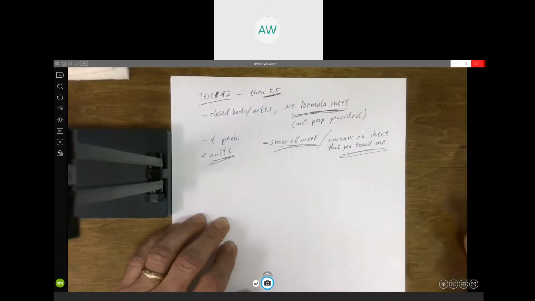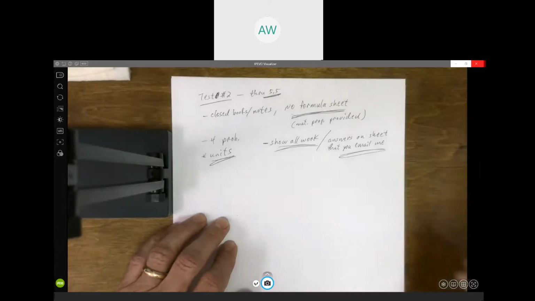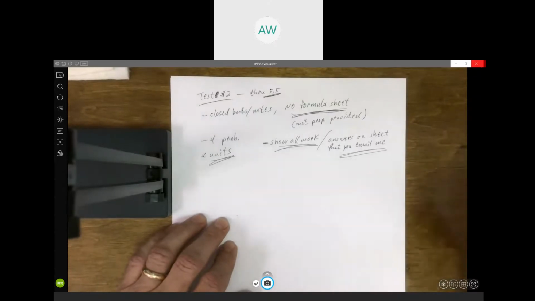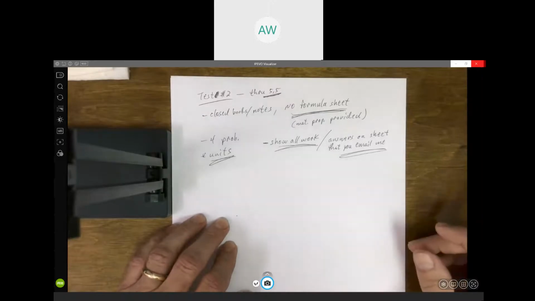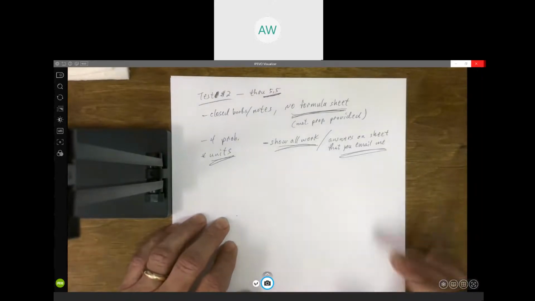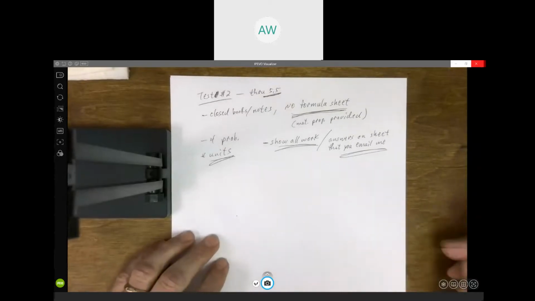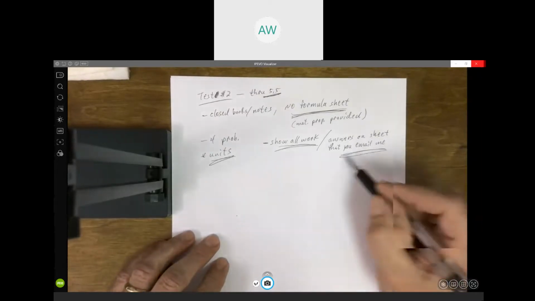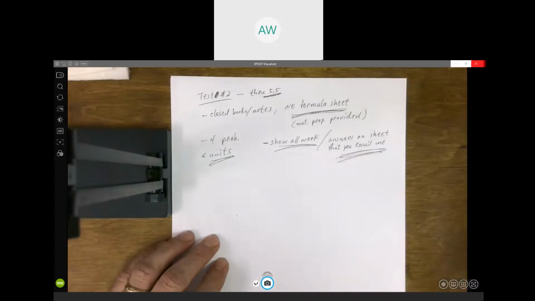I am not going in and looking at the answers that you submitted in Canvas. That really does nothing other than, if you're curious and you want to know if you got the right numerical answer, you can submit it. Wait till you work all the problems before you submit it in Canvas. But if you're curious and want to know if you got them all correct, you can submit it and it'll tell you. But I don't look at that. I'm looking at your work that you email me. Okay, so make sure you email me everything you want me to grade.